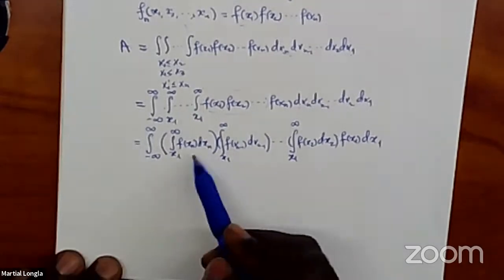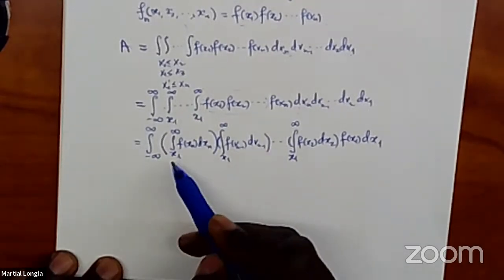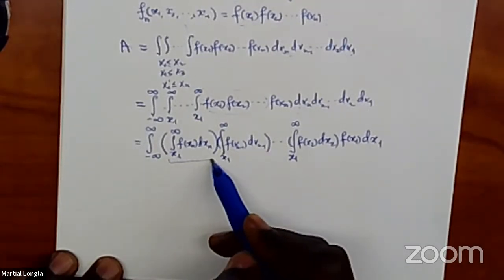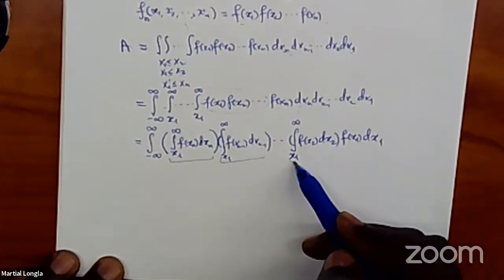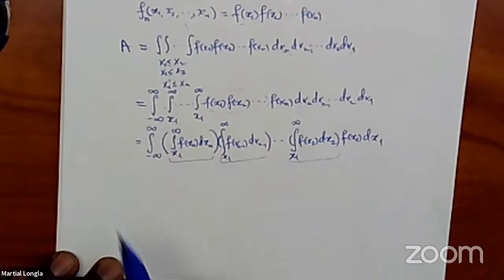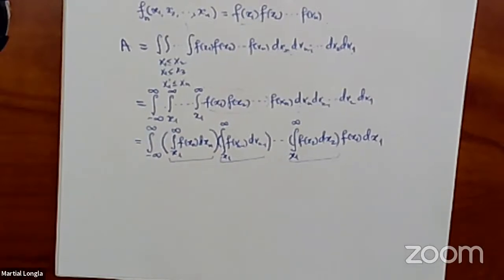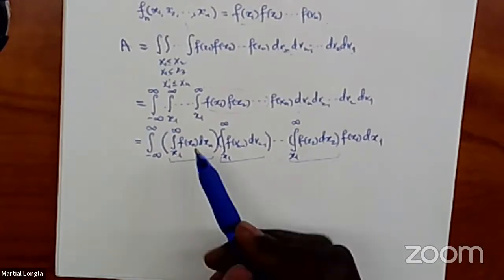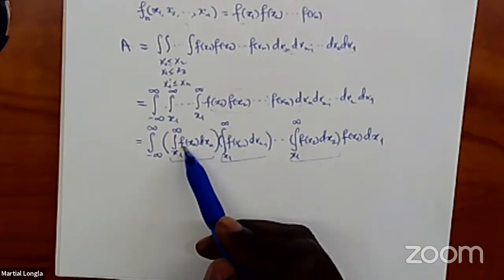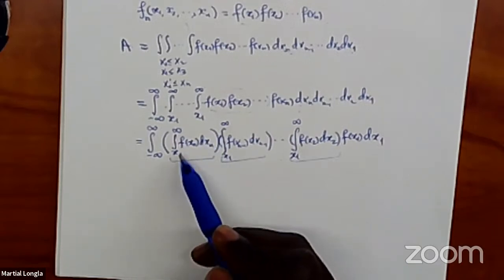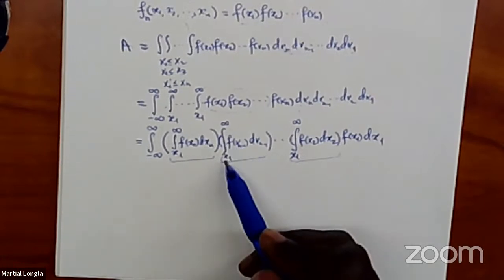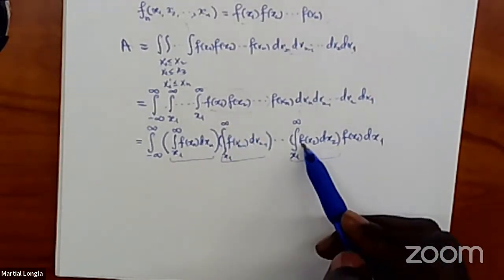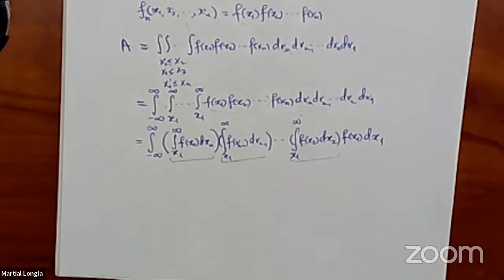Now, after writing the product, you see that this thing is the same as this, the same as that, and they are all equal. All those integrals inside are equal, because just the variable of integration is different. It's the same f from x1 to infinity.